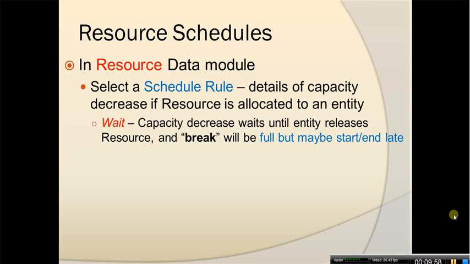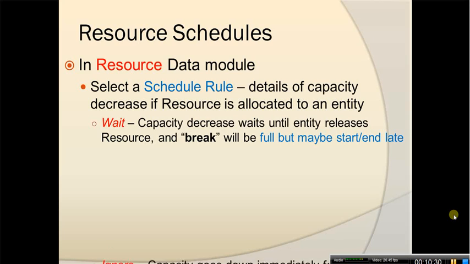And so in that case, the actual break will be reduced, and sometimes might not even be, actually it will be full. It will be a full break, but it will change in terms of the starting or ending. So in the wait, we wait to take a break, and then we take the full break.